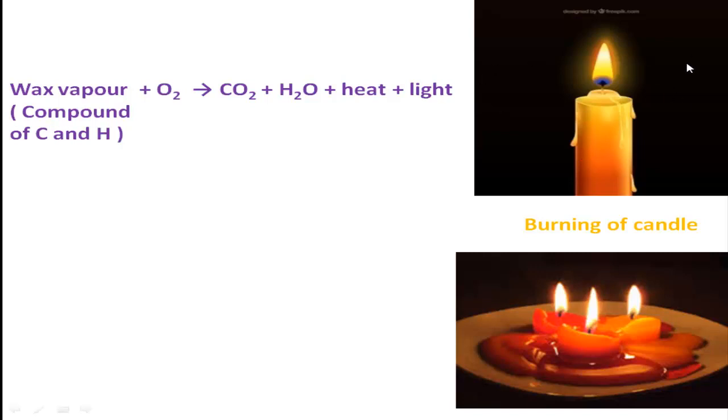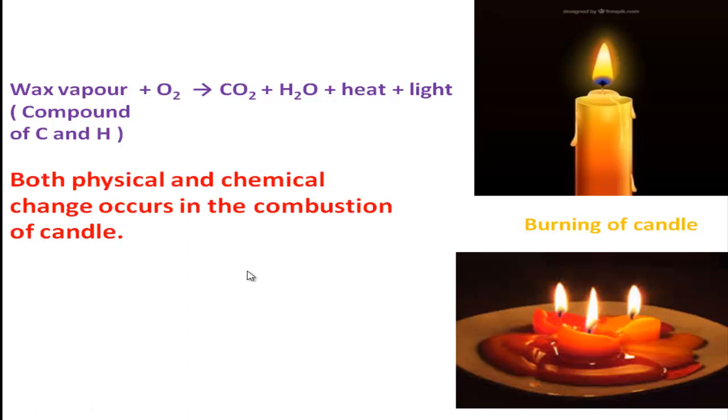So light energy is also produced. So this is the actual reaction of burning of a candle, and this is also a combustion reaction because oxygen gas is present. So from the burning of a candle we can say physical change and chemical change both occur.